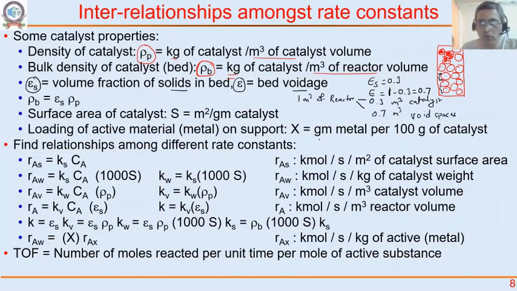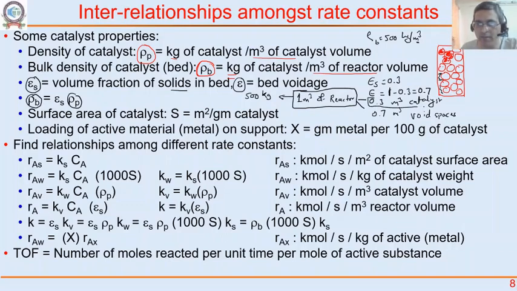So very clearly we can relate the bulk density to the particle density. For example, if the bulk density rho b is 500 kgs per meter cube, what does that mean? 500 kgs of the catalyst are there per meter cube of the reactor. So if our basis is 1 meter cube of the reactor, how much catalyst would we have? We would have 500 kgs of catalyst. Now this 500 kgs of catalyst, how much is the actual volume occupied by the catalyst?